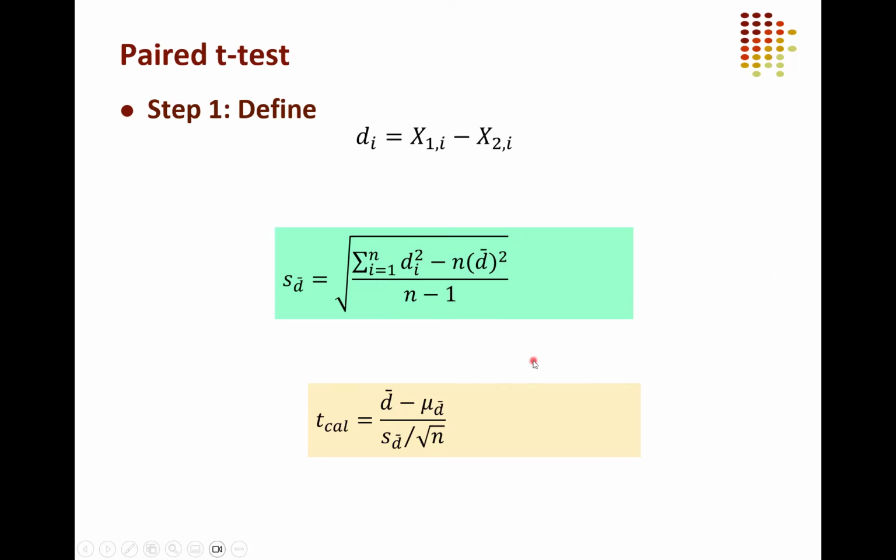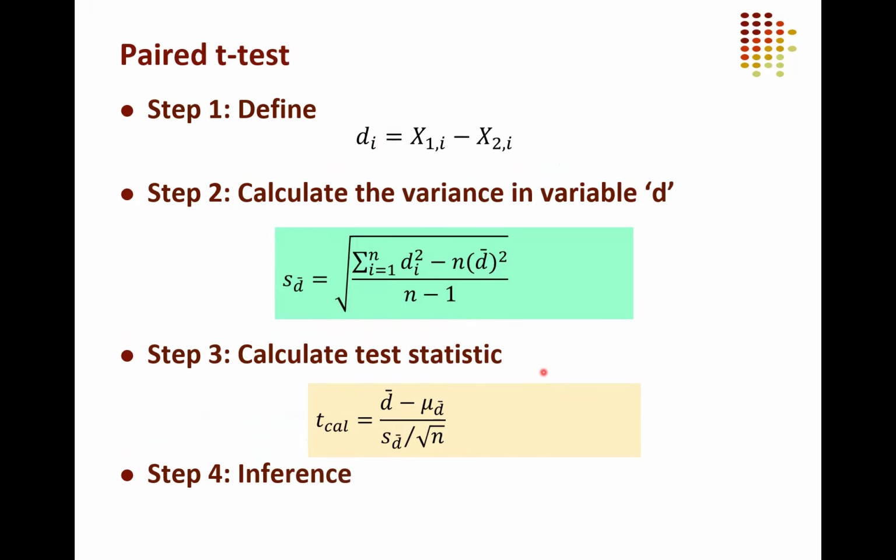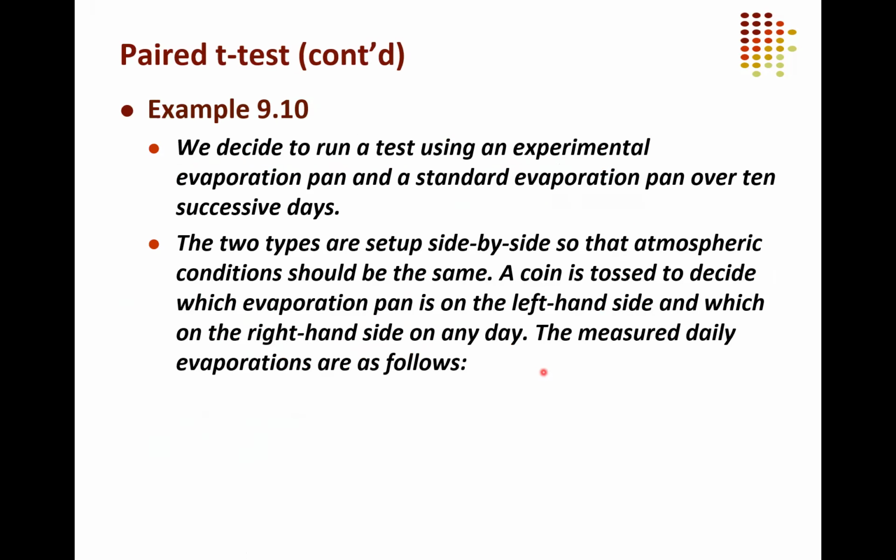So if the two instruments are giving similar results, then mu d must be equal to 0. So this is straightforward and easier than the unpaired t-test. Okay, so these are the steps. And let's see the example.